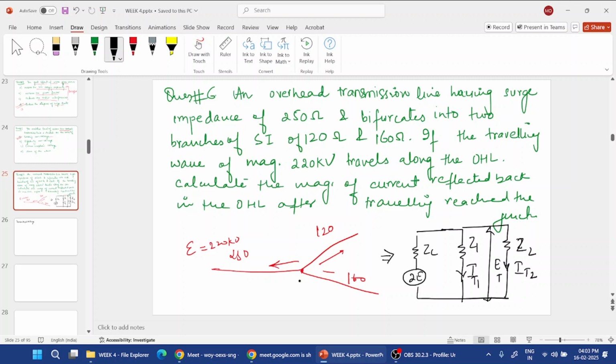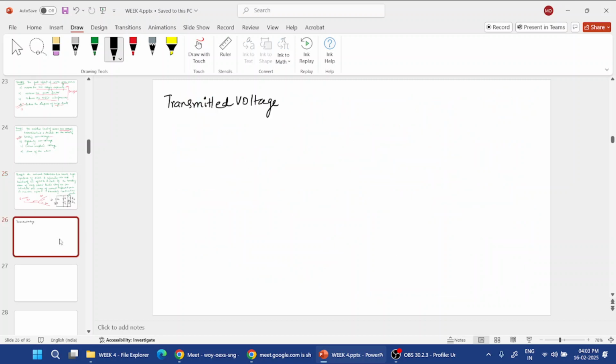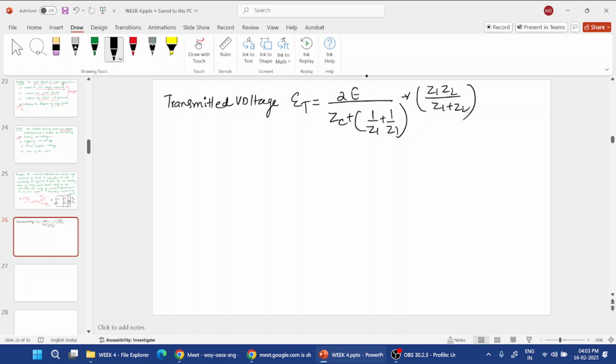By using the voltage dividing rule, ET is equal to 2E divided by the total impedance, multiplied by the impedance, which is Z1 Z2 upon Z1 plus Z2.